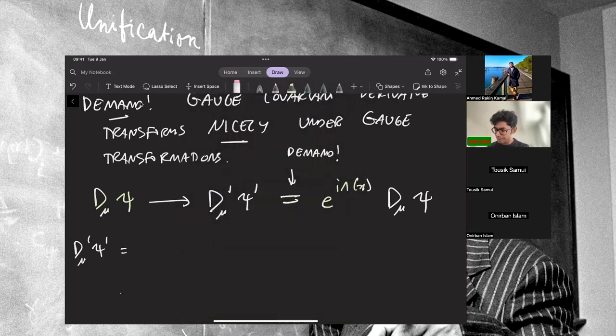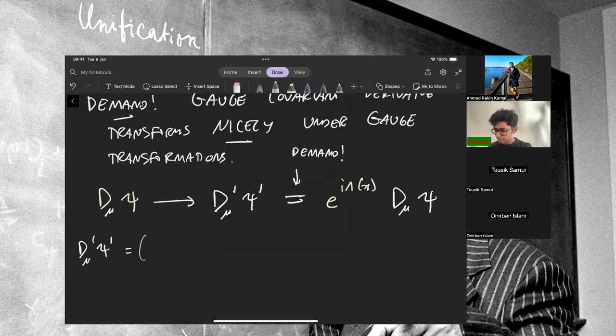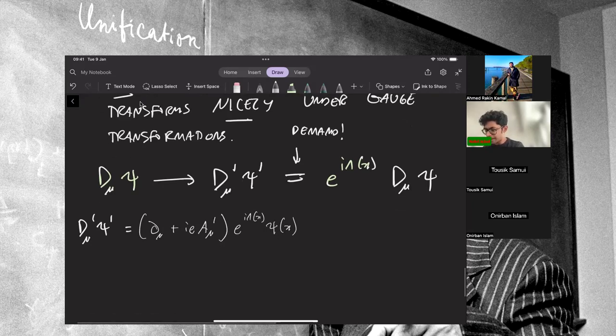D_mu prime psi prime is equal to partial_mu plus i e A_mu prime, times e to the i lambda of x psi of x. Now let me expand out what this is a little bit. If I expand out the derivatives, I can take the e to the i lambda all the way out here, but I have to make sure I act with the derivative in the right way.